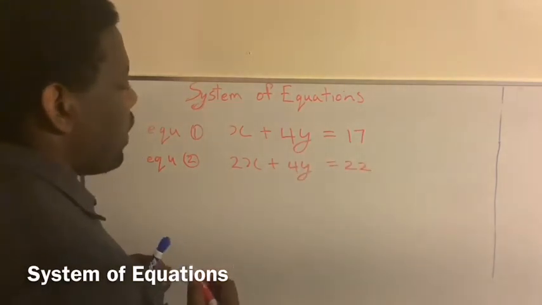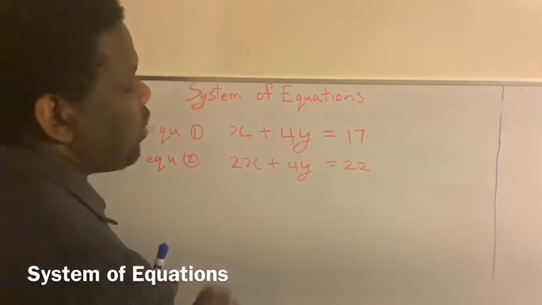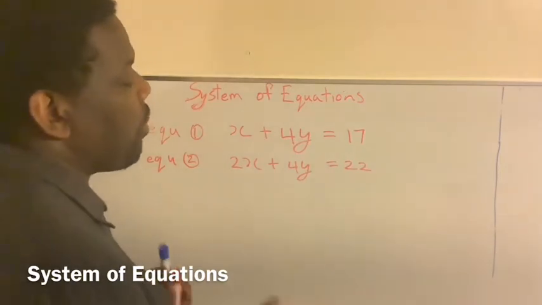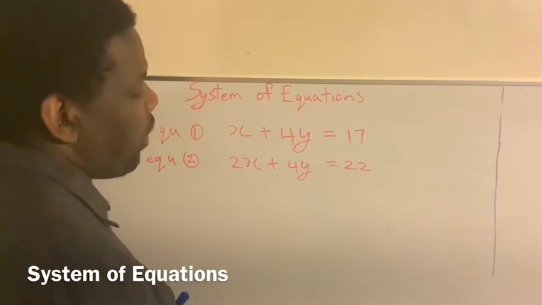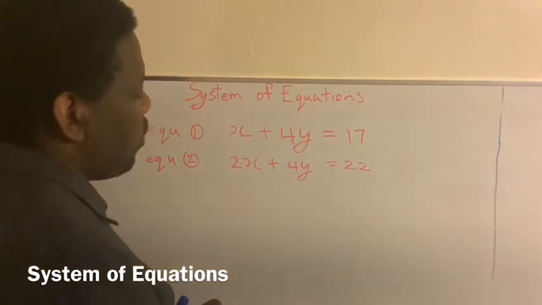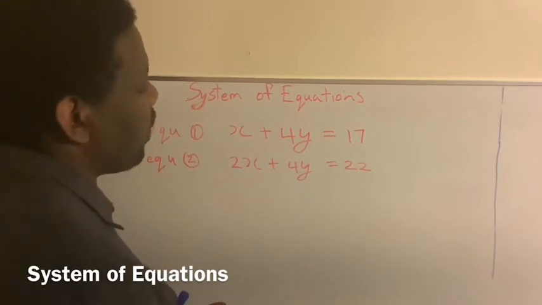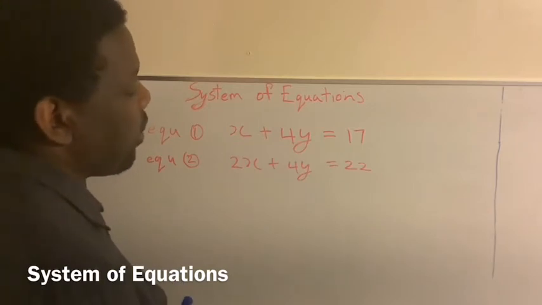And we are told that these two equations are related to each other. So since we know these two equations are related, we can manipulate them in such a way that we can cancel out one of the variables and then solve for the other. So this is type 1 system of equations where the equations already look similar.